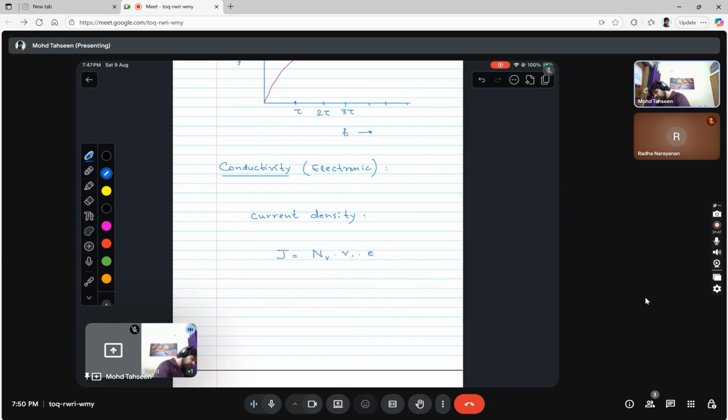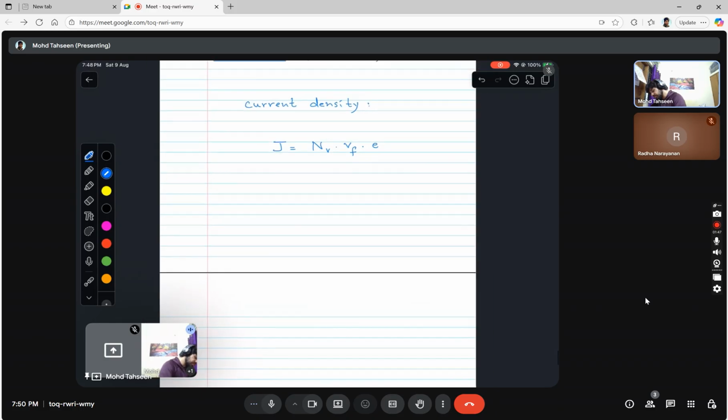And now we just substitute values because we have found the expression for vf. If we substitute that, we find that J is equal to n times tau times E square times field divided by m.